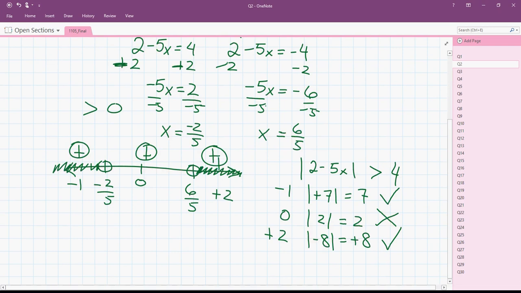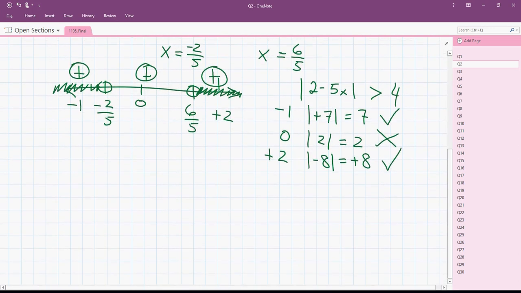Over here, I had assumed we were just looking for greater than 0. We're not. At this point, we're looking for greater than 4. If we were going to describe these regions with interval notation, this would start at negative infinity, go up to negative 2/5. Since we have an open circle, this would be a rounded parenthesis, and we would union it with something that starts at 6/5.